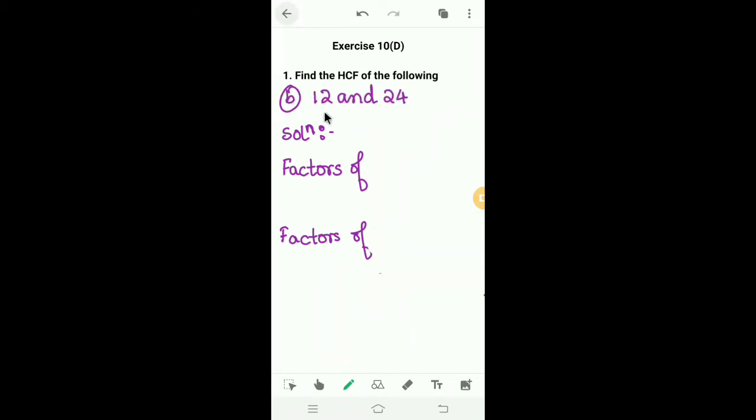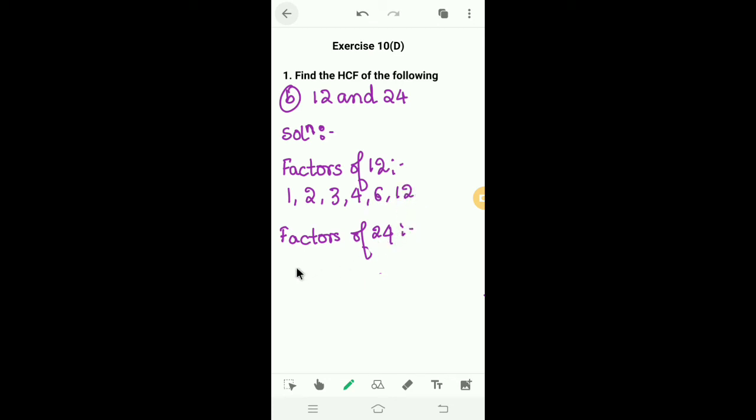Let's solve B1. Here also we have to find out the HCF of 12 and 24. So first we have to list all the factors of 12 and 24. Factors of 12 are 1, 2, 3, 4, 6 and 12.